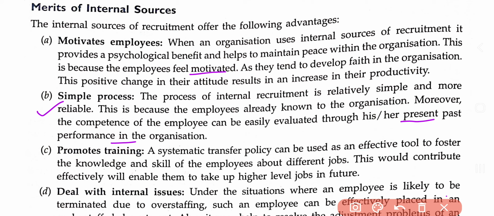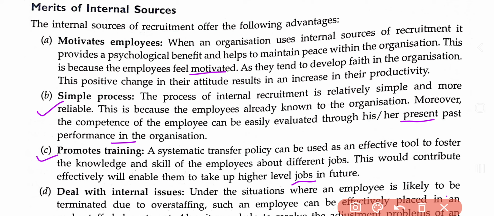Number three, promotes training. Training also helps to take up higher level jobs. So as I told you, you entered at an entry level job, and now you have gone to the next level at a higher position. What will happen? You will have to learn newer things to take on your new responsibility.